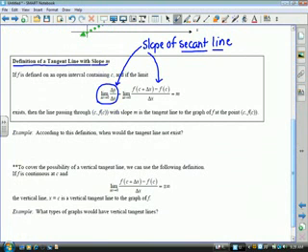And basically what happens is, if you make delta x as close to 0 as you possibly humanly can, what you get is the slope of the tangent line. Okay. Make sense?